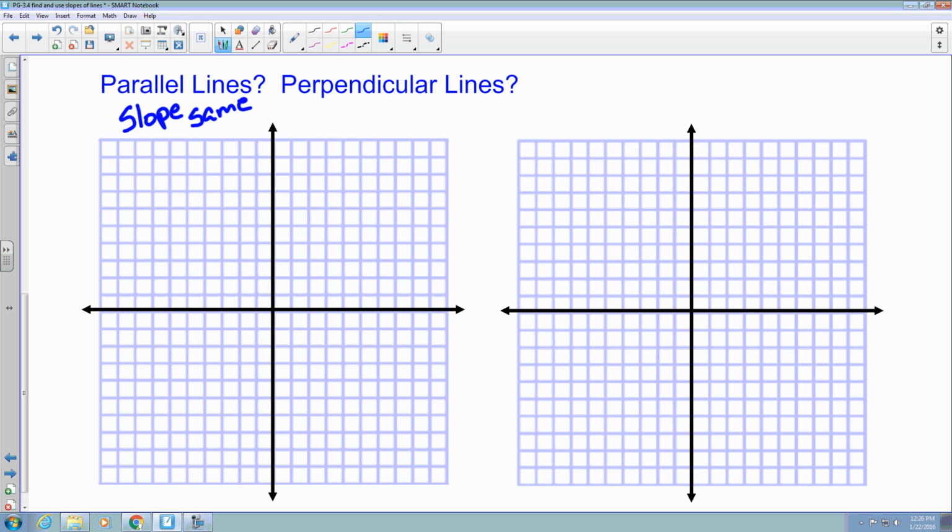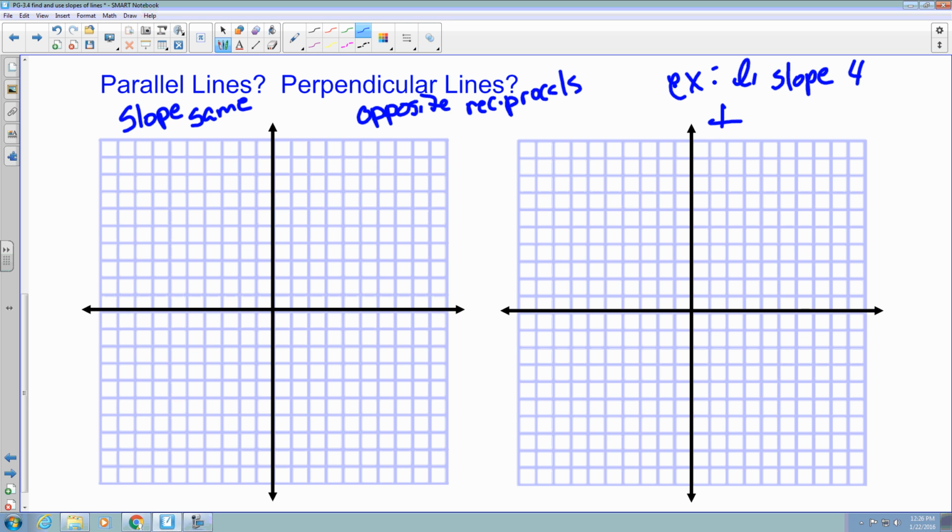This relationship means that they have opposite reciprocals. And opposite reciprocals, in a more informal definition, is basically you're going to flip the fraction and then change the sign. So an example with that would be, say you had line 1 and it had a slope of 4.